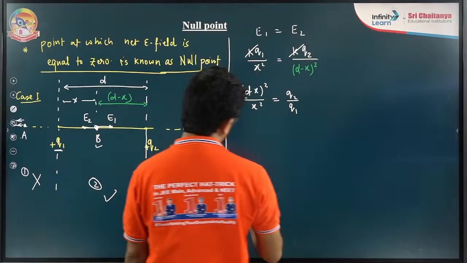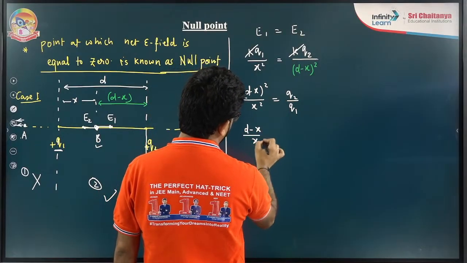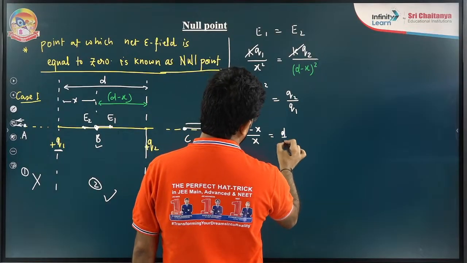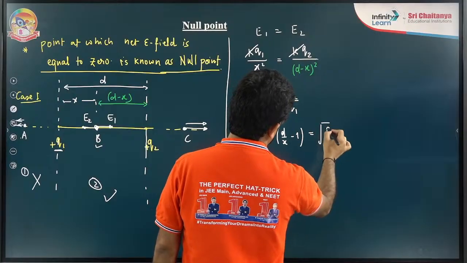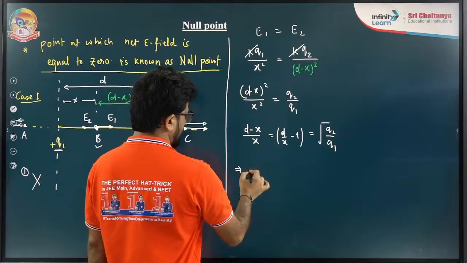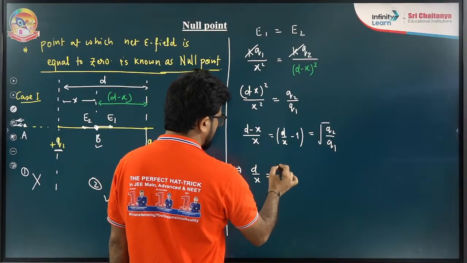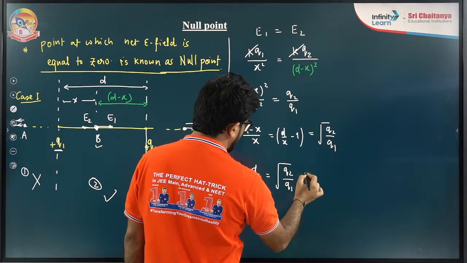You can take the root. This becomes (d minus x) divided by x, or you can say d by x minus 1 is equal to root of Q2 by Q1. Or d by x is equal to root of Q2 by Q1 plus 1.